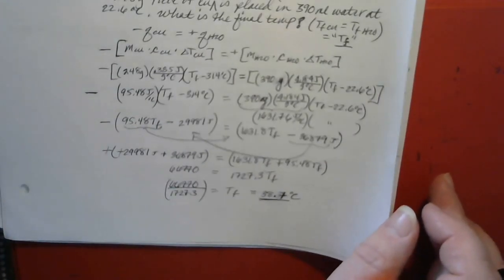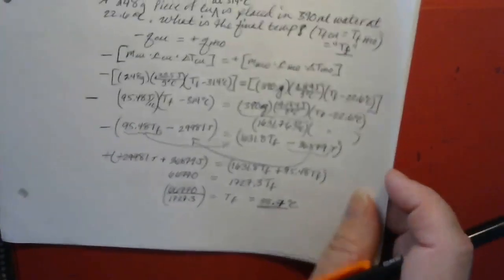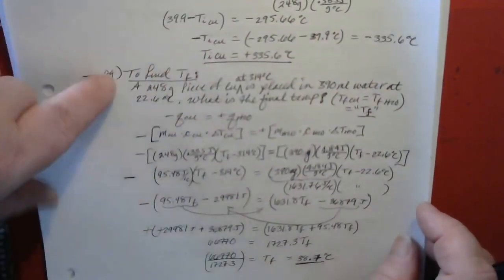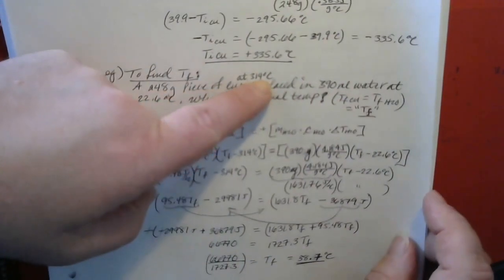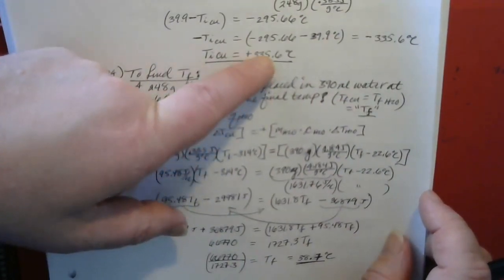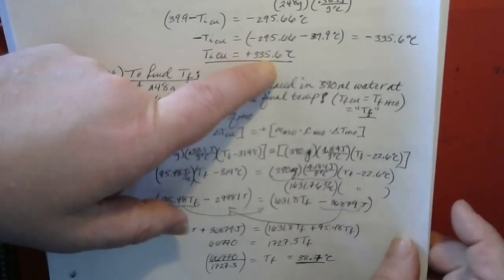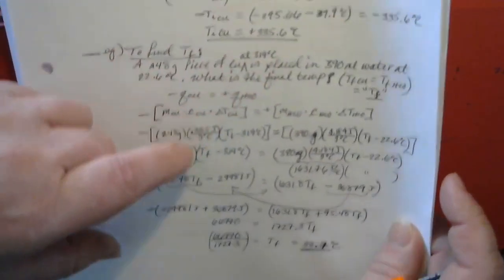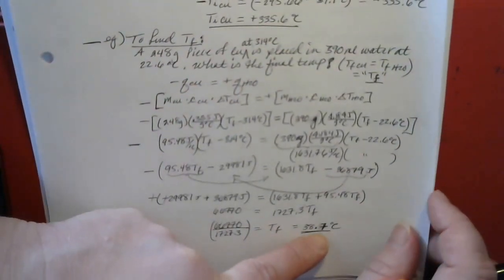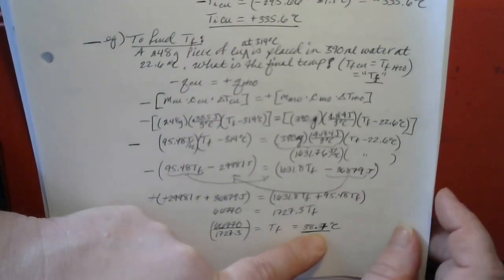And that seems pretty reasonable, especially if you compare it to the example we just did, because you notice the initial temperature of the copper in this example was 314. That was a little bit less than the original temperature of the copper in the previous example. And so we would expect the final temperature of the water and the copper to be a little bit less than it was in the first example.